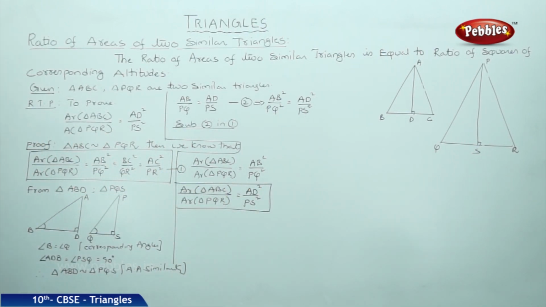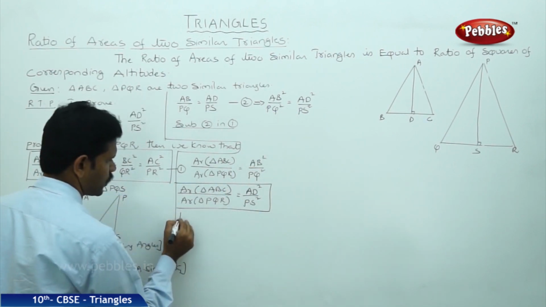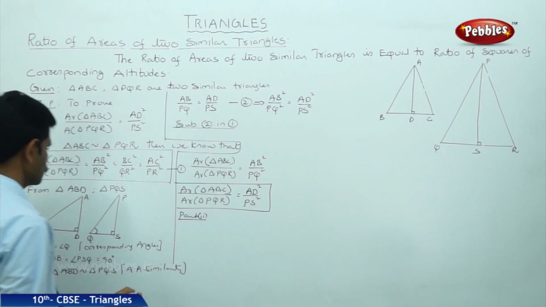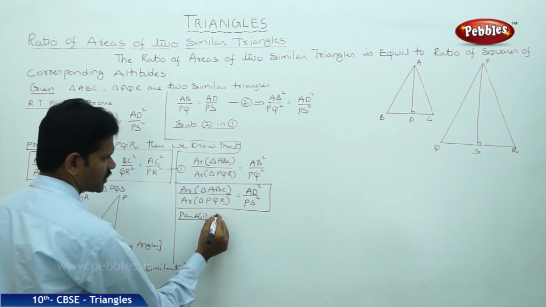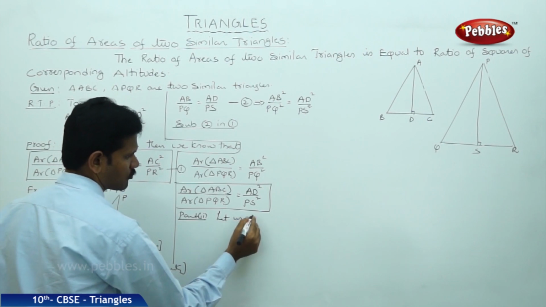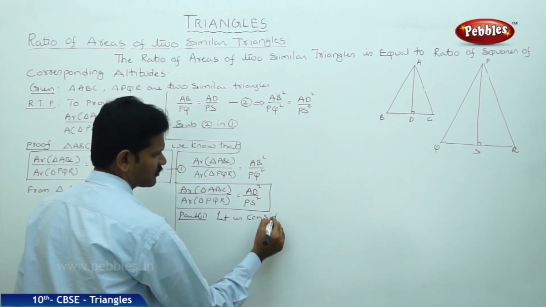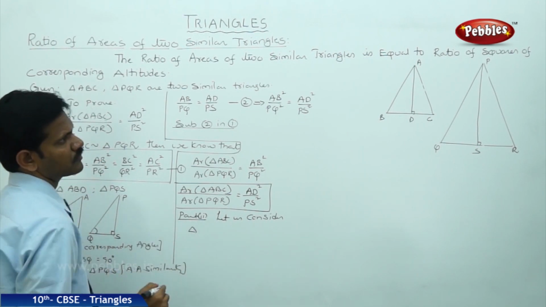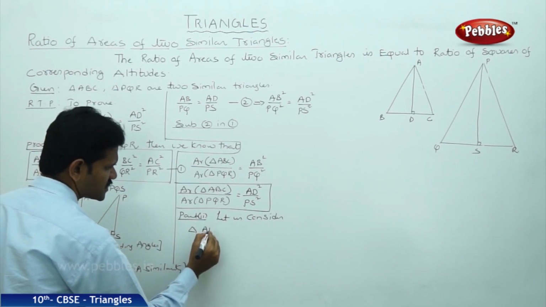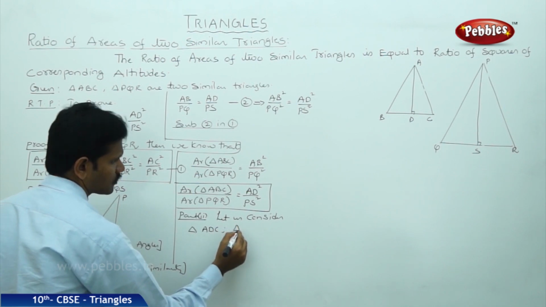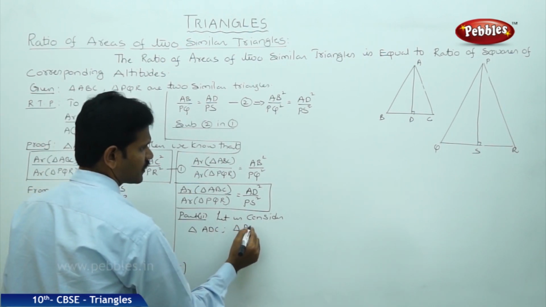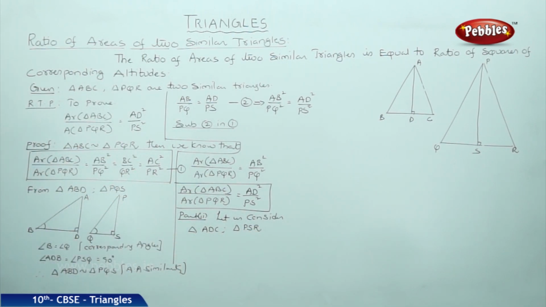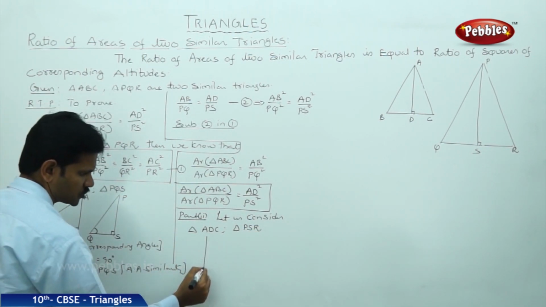Now let us come to the second part, part 2. Now let us consider triangle ADC and triangle PSR. Let us consider these two triangles and take them out.